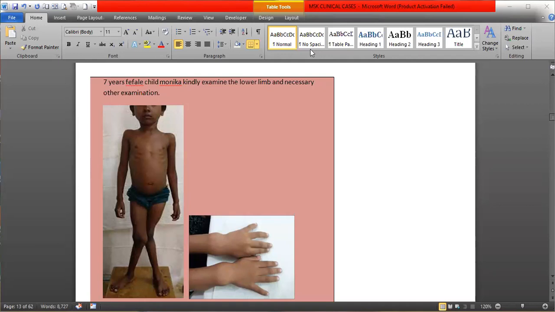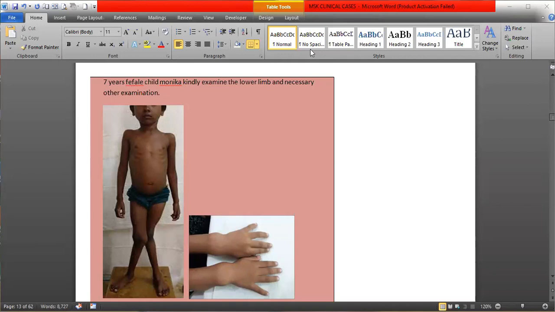Then I am looking for any rashes and any neurocutaneous markers. From the front, and I am inspecting her from the side as well as the back, looking for any scoliosis or kyphosis. Nothing is there.